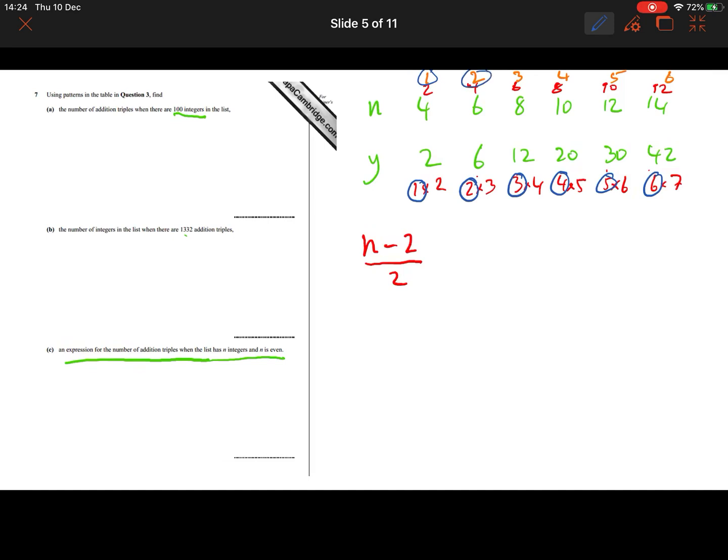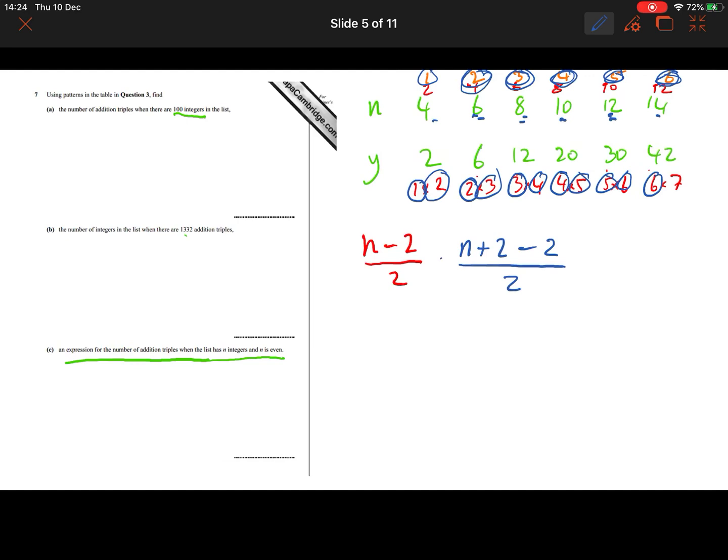is the same as the number you're getting here, which is n minus 2 over 2. The next one is the same number as this. You see how it's just shifting on 1. So the next one is going to be n plus 2, because we're always adding 2 each time.